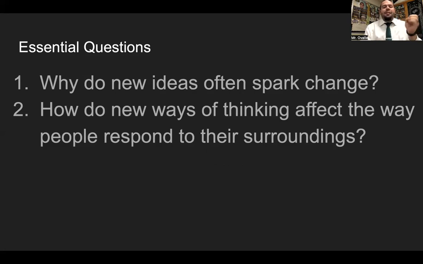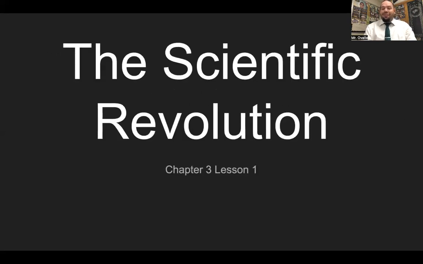These are questions we should always have in the back of our heads when we're taking notes, especially during the Enlightenment where this shift of knowledge happens. But that shift of knowledge happens a little bit before, too, something called the scientific revolution. So today, this is what we're going to talk about: the scientific revolution.